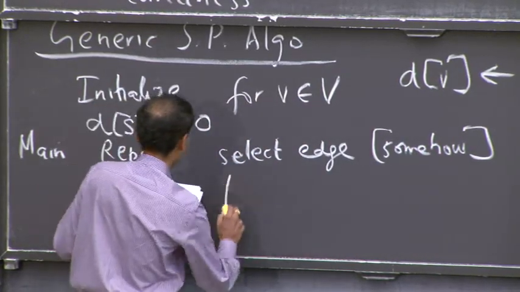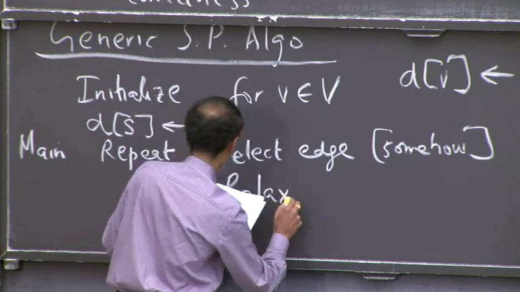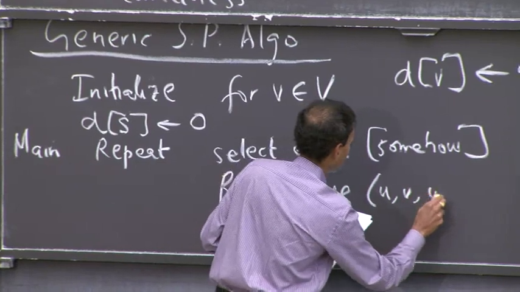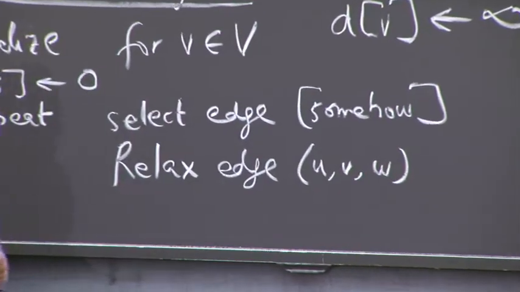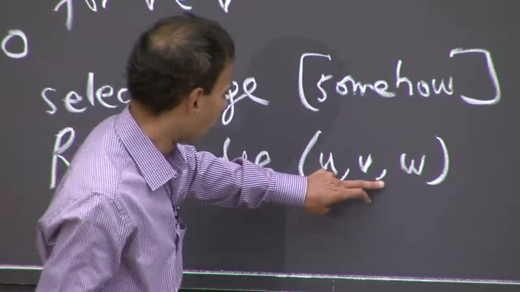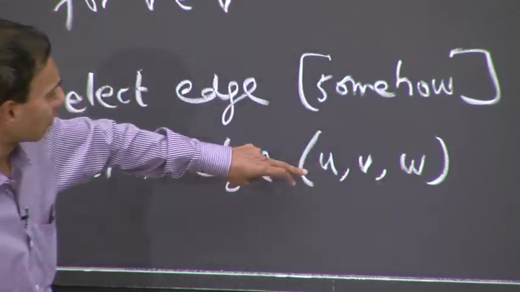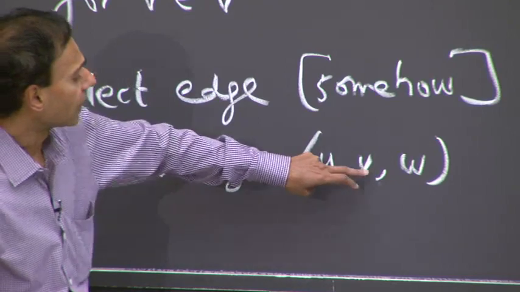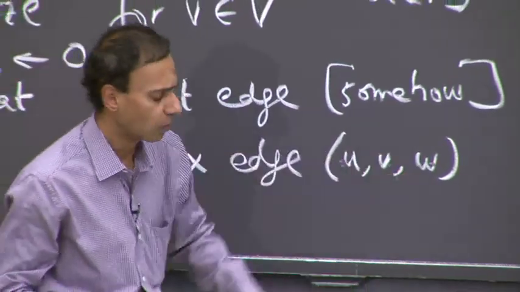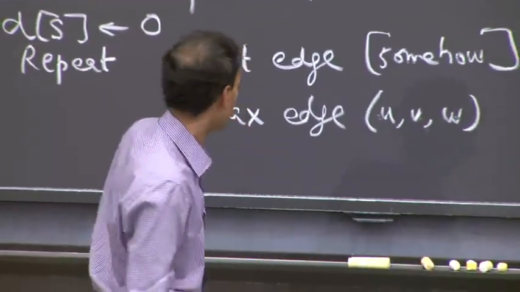And then we relax that edge, uvw. And you know about the relaxation step. I won't bother writing it out right now, but it's basically something where you look at the value of d v, and if d v is greater than d u plus the weight, you relax the edge.